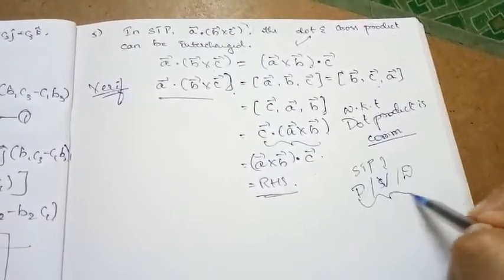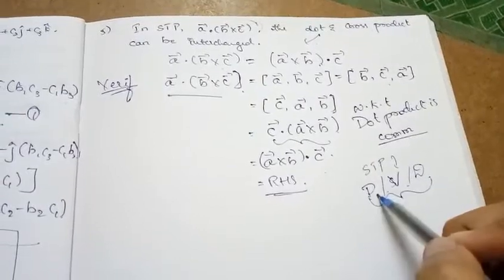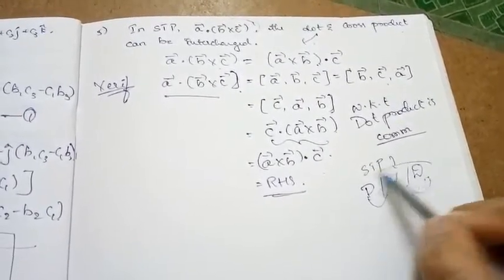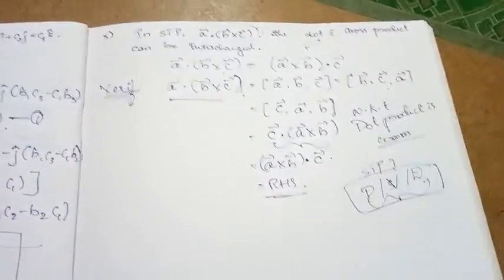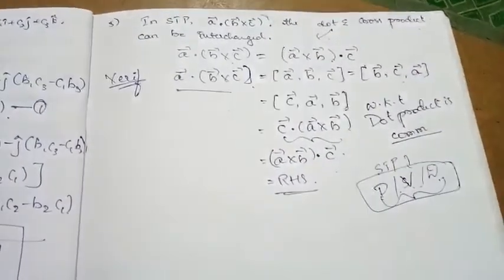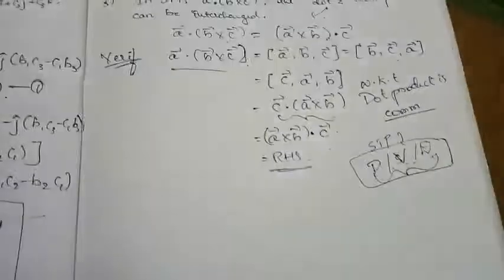So putting all these properties together, the dot product, vector product and determinant, the definition and the concept of the scalar triple product is going to be understood. So please understand it carefully.